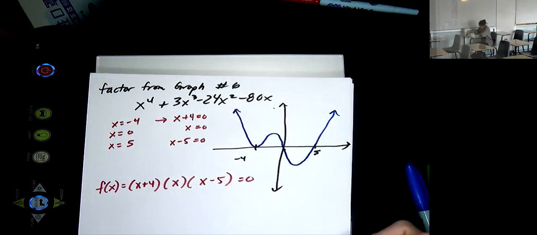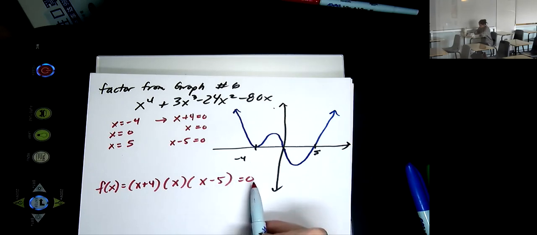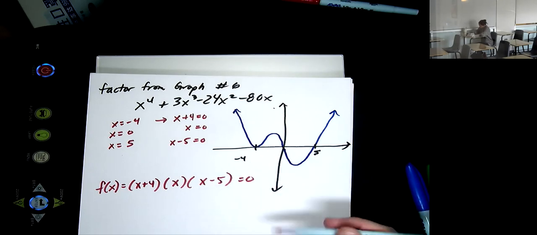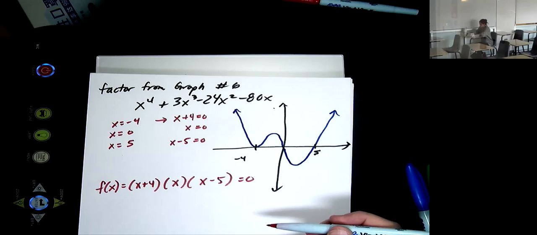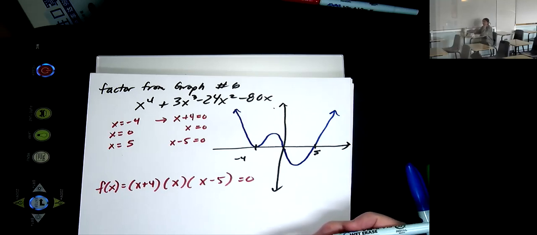And then we have a little bit more information that we can get from the graph, because I only have 3 x's here, which means this is only going to be x cubed the way I have it. What should I change here? And why?